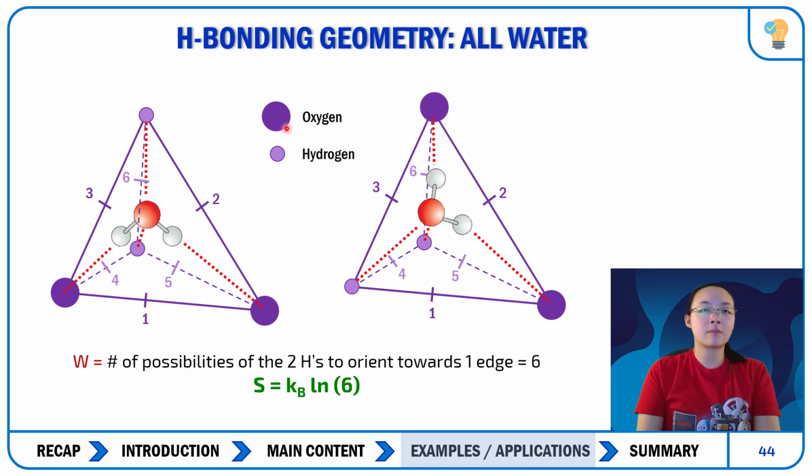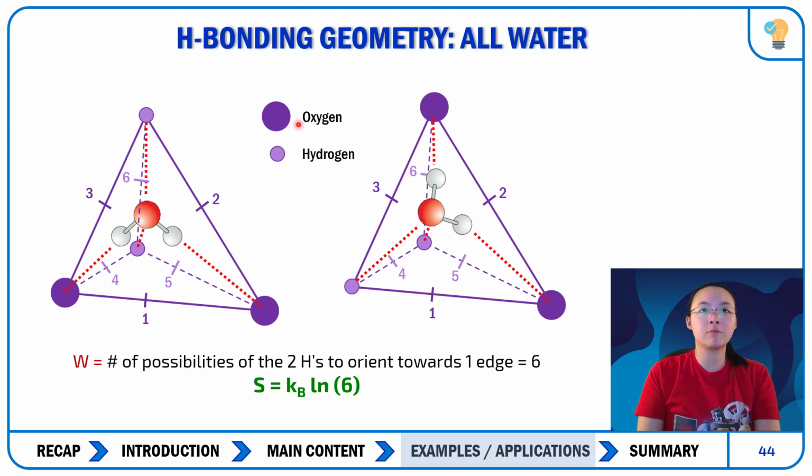The previous diagram wasn't the greatest because it was just all red, but now I want to make the difference between oxygen facing and hydrogen facing water molecules. So I take a look at my central water molecule here, and I want to figure out its multiplicity. And that means how many possible configurations can it have in a hydrogen bonding network.